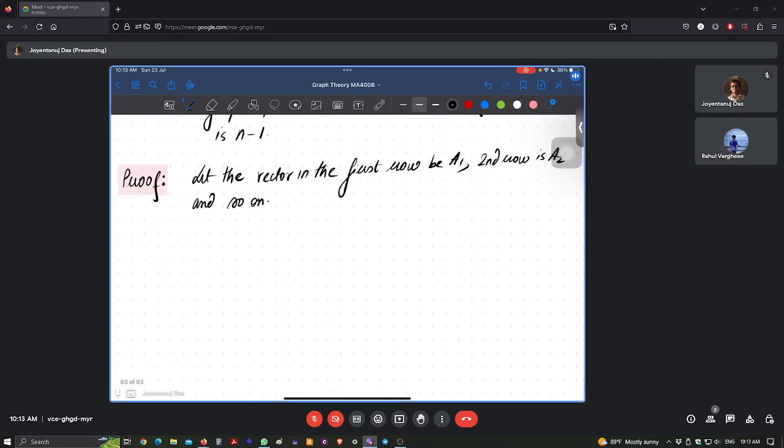So how does the incidence matrix look? Now our A(G) has rows up to n. There are n vertices, right? So there will be n rows.